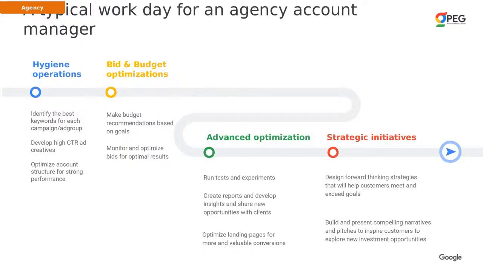Now, measure the impact of recommendations through experimentation before implementation. The most effective way to leverage optimization is through a test and learn approach. That's where Google introduced this experimentation tool.